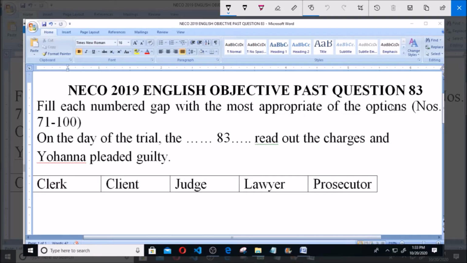Welcome, this is NECO year 2018 English Objective Past Question number 83. The instruction says, fill each numbered gap with the most appropriate of the options, and this instruction is applicable to question number 71 to 100.